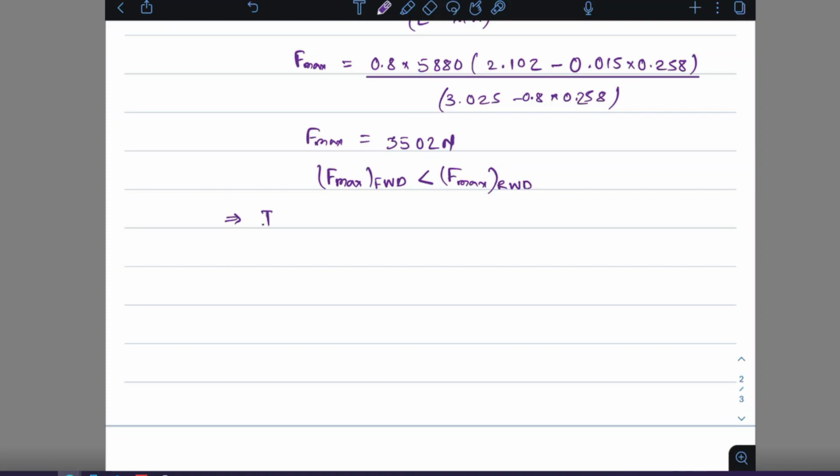So in this case, a rear wheel driven vehicle is a better choice.